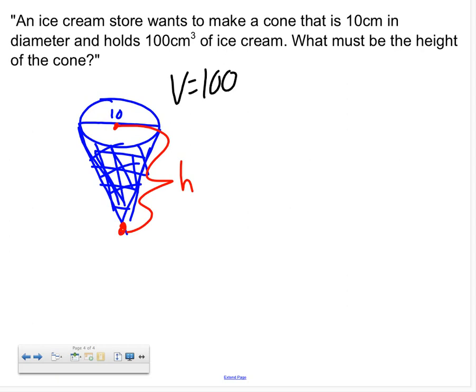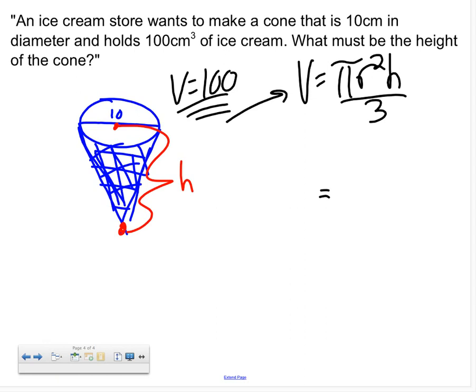So I'm going to go to my formula, V equals pi r squared h all over 3. And I'm going to start plugging in the numbers that I know for the variables that I know. So looking at the diagram here, I know that V is 100. So I'm going to plug that in for V. Pi is going to stay pi, no problem there.